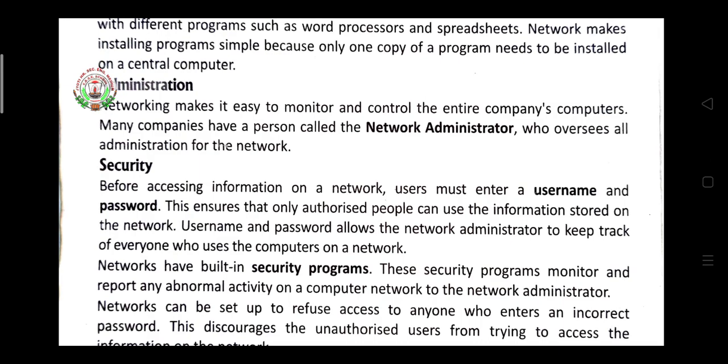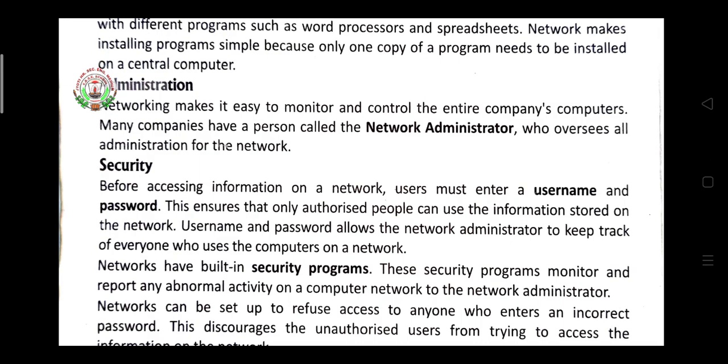So if you are working in a company and you have any query, you can contact the administrator, and that administrator helps to resolve your problems or to share the network resources with the help of this networking mode.